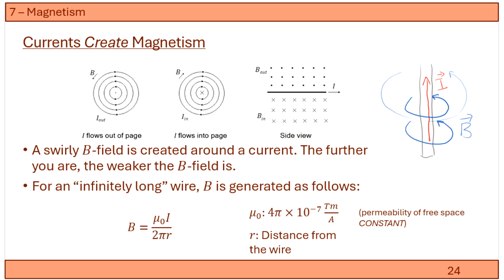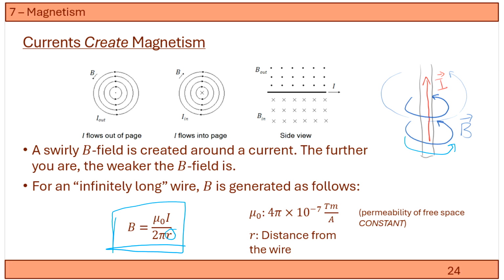And the other thing to look at is that currents create magnetic fields with this equation: B equals mu naught I over 2 pi r. That's saying that if you have a current I, it's going to generate this sort of swirly magnetic field around the current that's going to get weaker as r gets bigger.